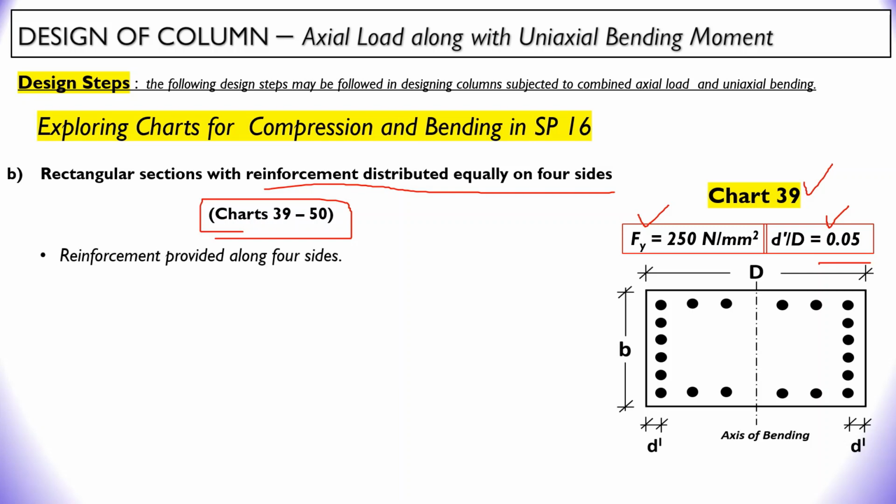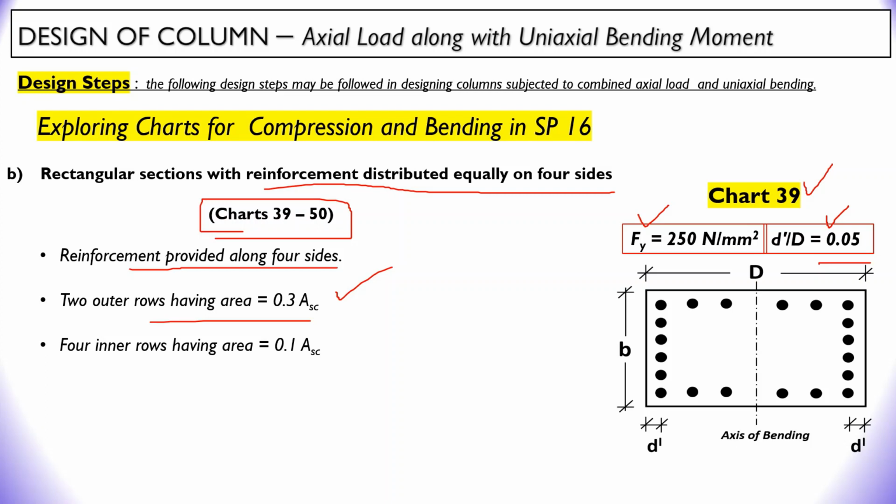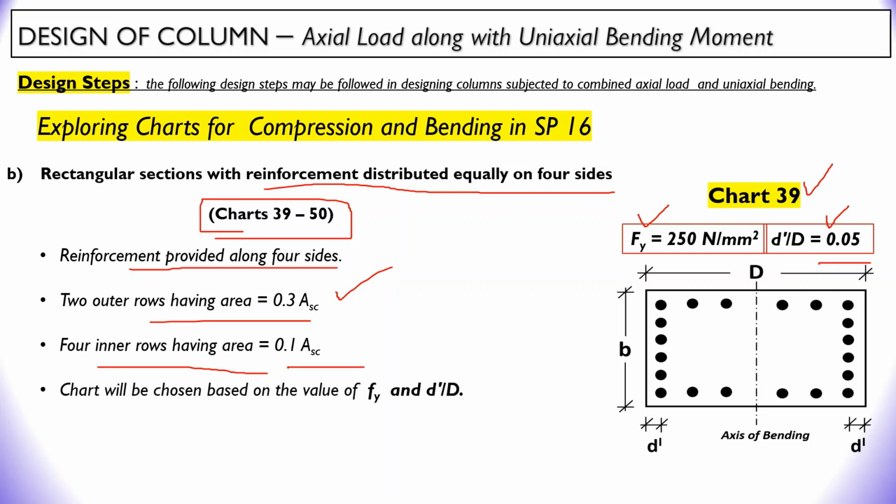Again, these are applicable when reinforcement is provided equally on the four sides. Two outer rows, this row and this row, have an area of 0.3 of Asc. That means 50% of the steel is on these sides. And four inner rows. If we are providing four inner rows, then 0.1 into Asc will be distributed here.